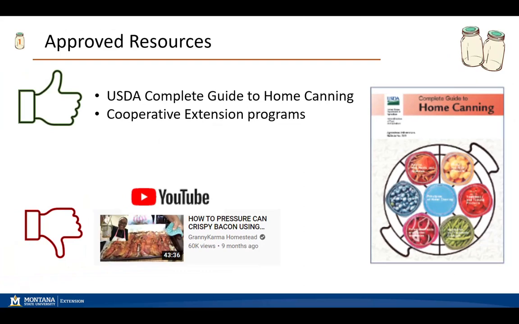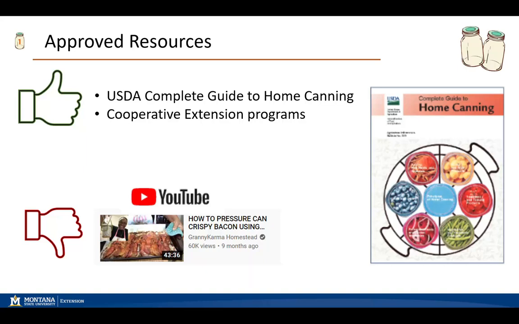Canning and food preservation information is plentiful. The best canning recipes have been scientifically developed and tested for safety. There are a handful of resources that are recommended, including the USDA's Complete Guide to Canning and various cooperative extension programs. The most popular cooperative extension resources include the Oregon State University Extension Pacific Northwest Publication Series, which is a partnership between Idaho, Oregon, and Washington.